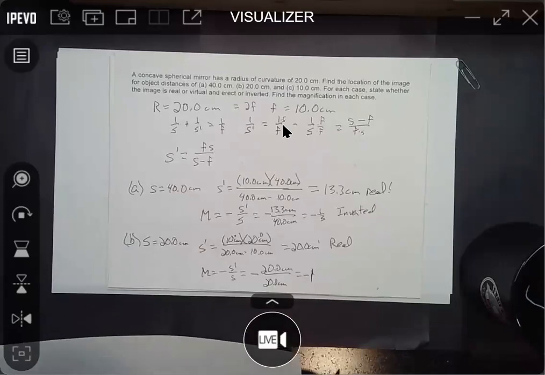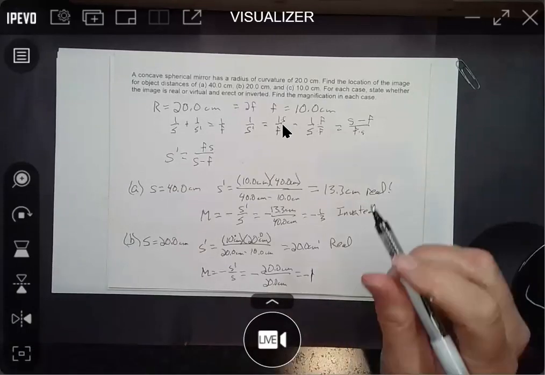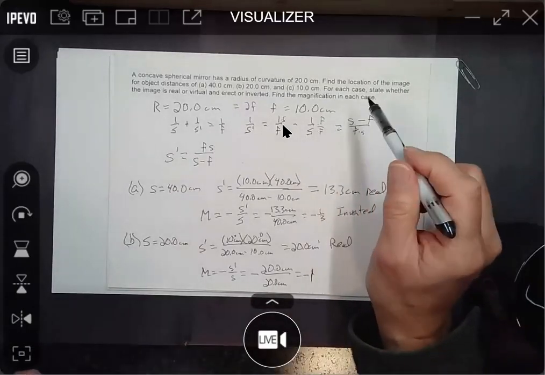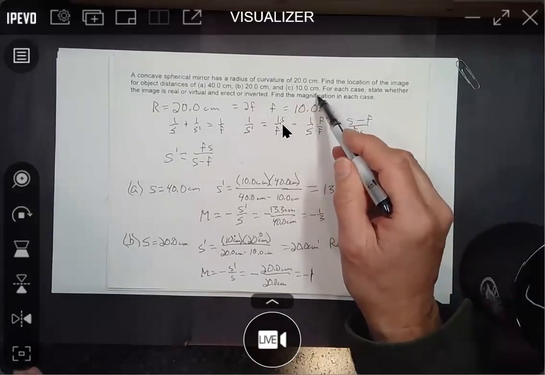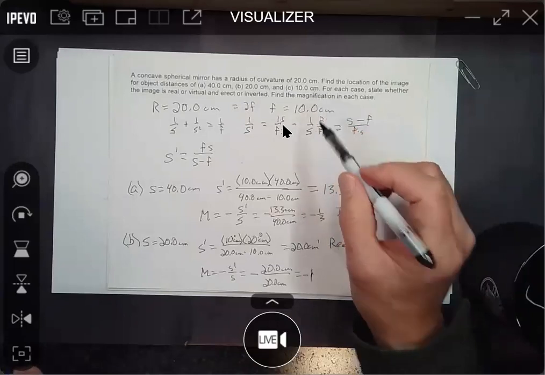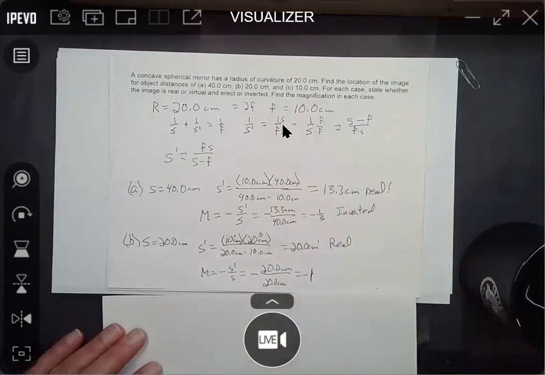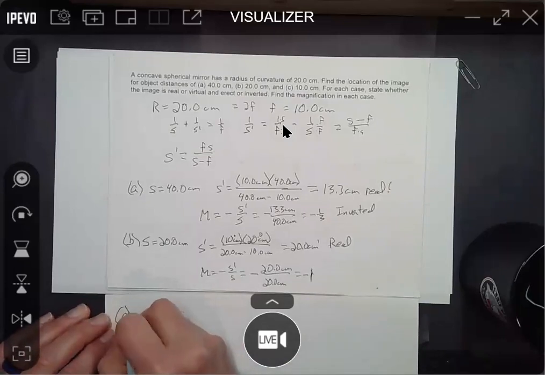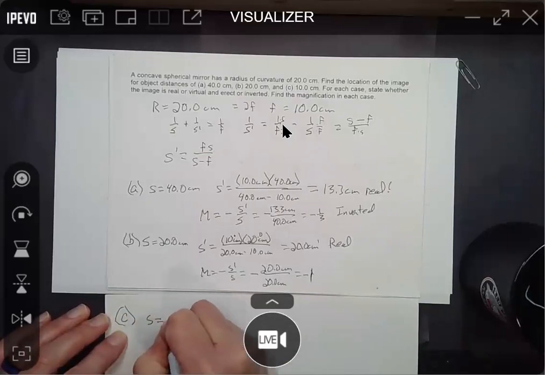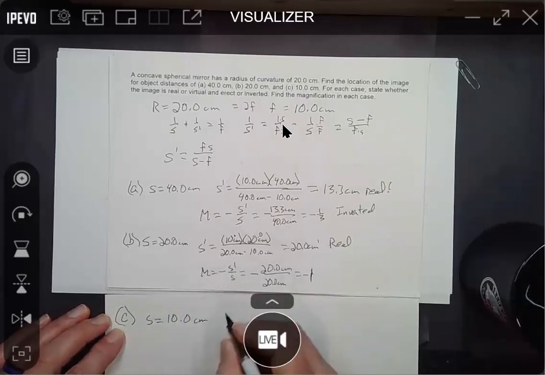Now, the last part on here is I'm putting the object at 10 centimeters. That's the focal point. Okay, I'm just going to continue down here for part C. So S is going to equal 10.0 centimeters.